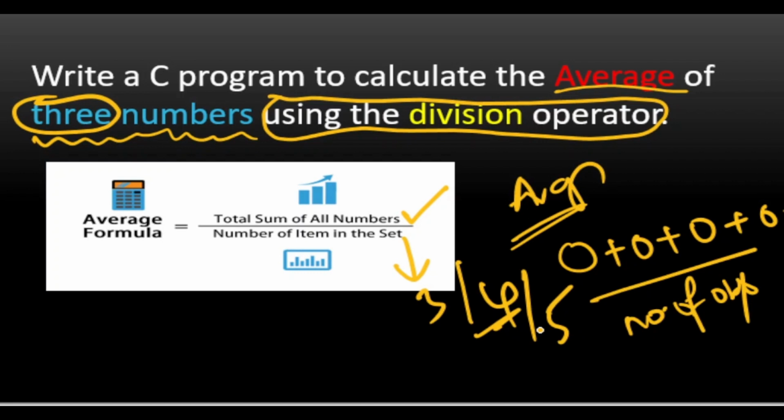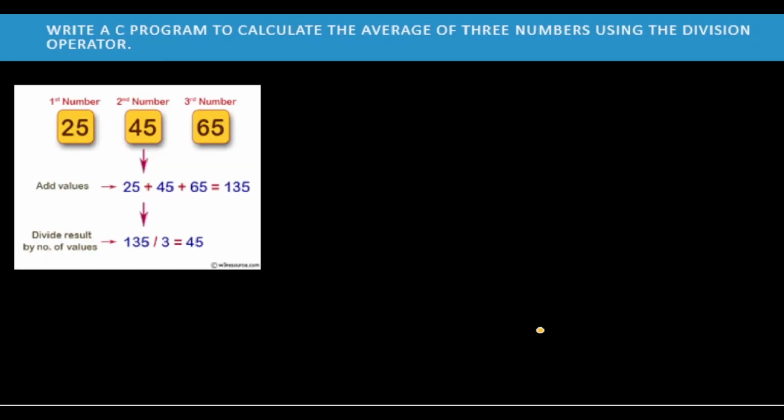Okay, now let's discuss this question in detail. For example, the question is fixed for 3 numbers. At last, I will give a thought on how to do this for 5 numbers, 6 numbers, 7 numbers, anything. Now let's see it for 3 numbers. First of all, let us take 3 numbers: 20, 40, 60.